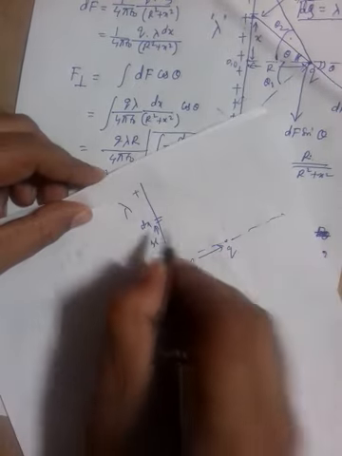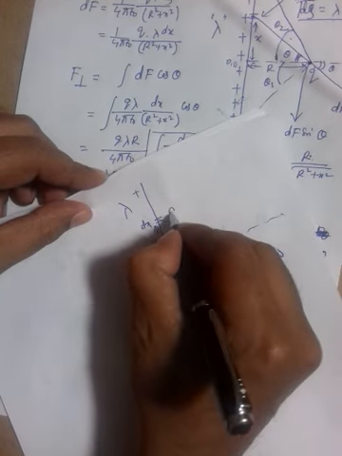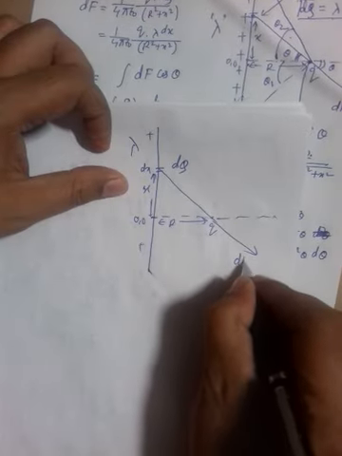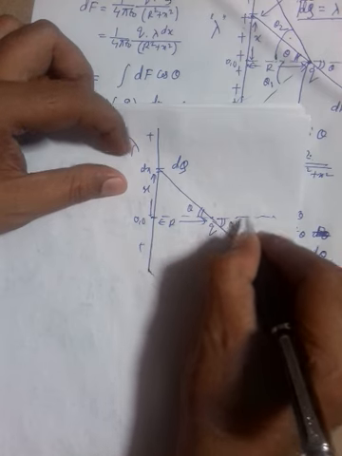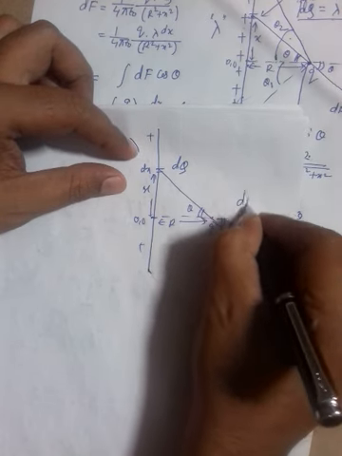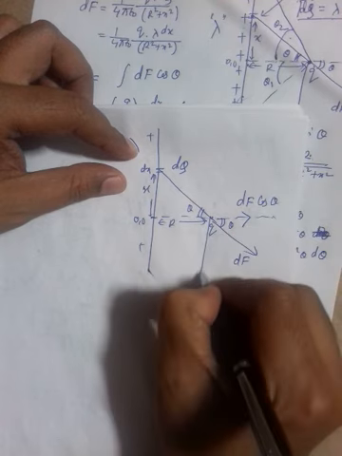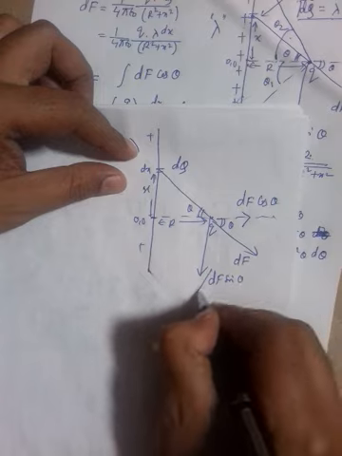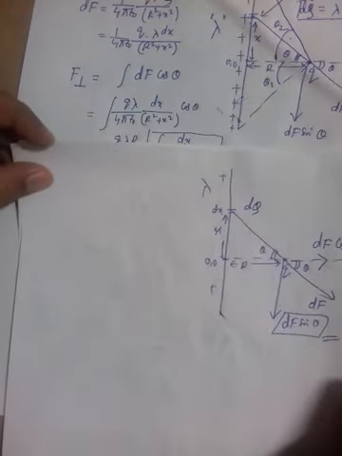This is the force because of the small portion carrying charge dq. This was dF, this angle is theta. On this side dF cos theta, whose calculation is done. On this side dF sin theta, whose calculation I want to do now. So I am concentrating on this one, and writing it separately.